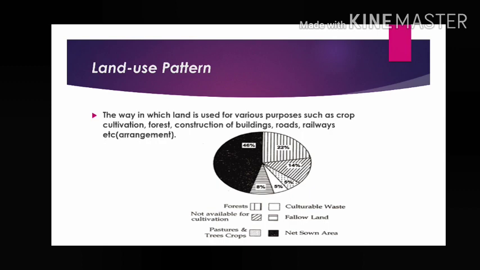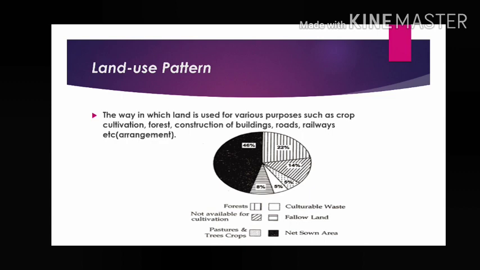So again I am telling, net sown area means agricultural land, that means where crop cultivation is going on. Forest means here forestry is going on. Not available for cultivation means here constructional activities are going on, buildings, roads, railways, industries, etc. Pastures means grazing land, that means grassland where animals are reared.